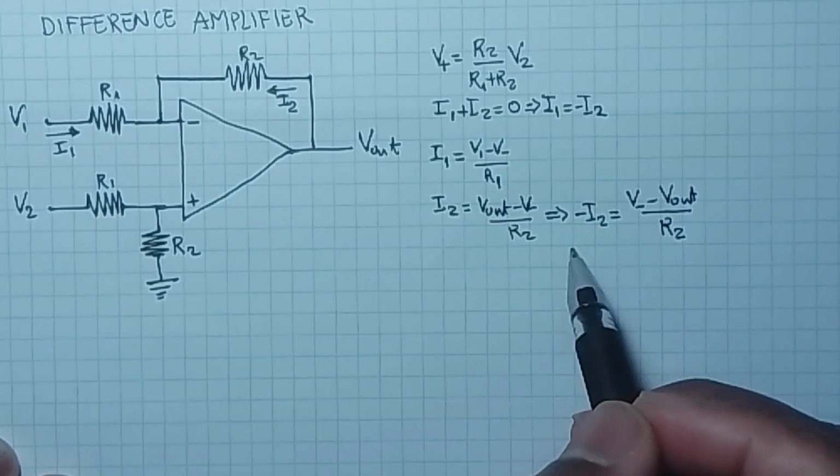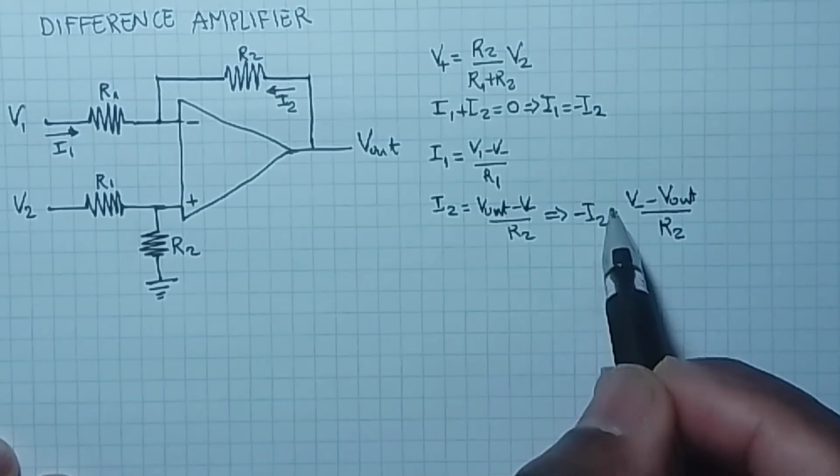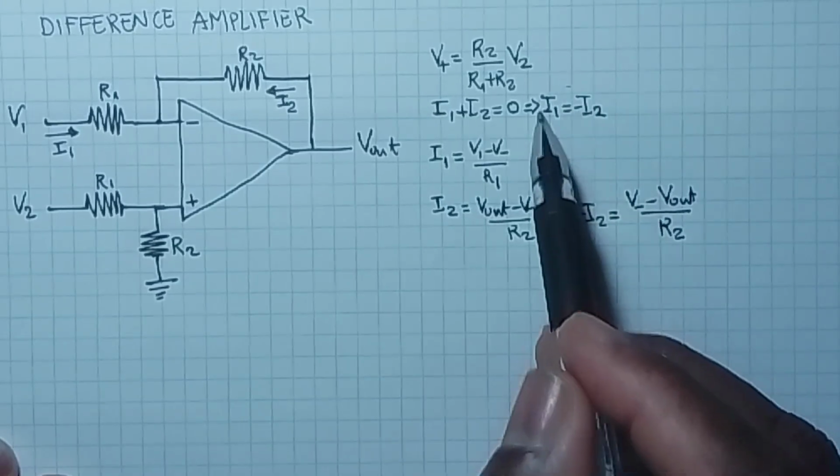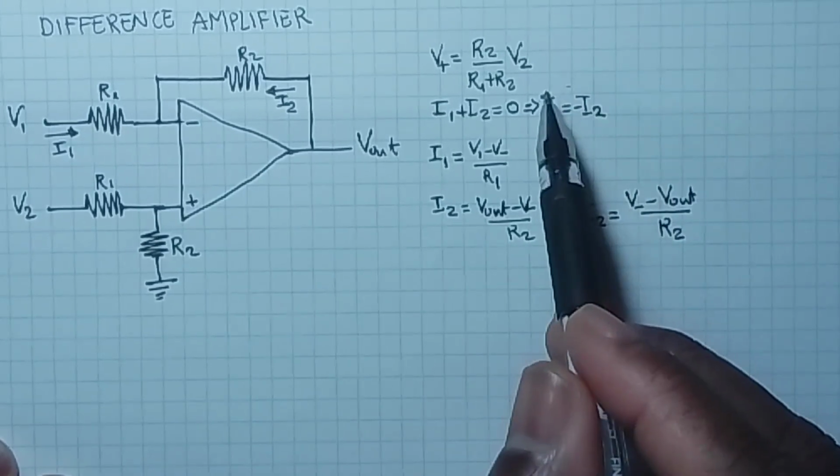I expressed E2 in terms of minus E2 to respect this equation over here, right?